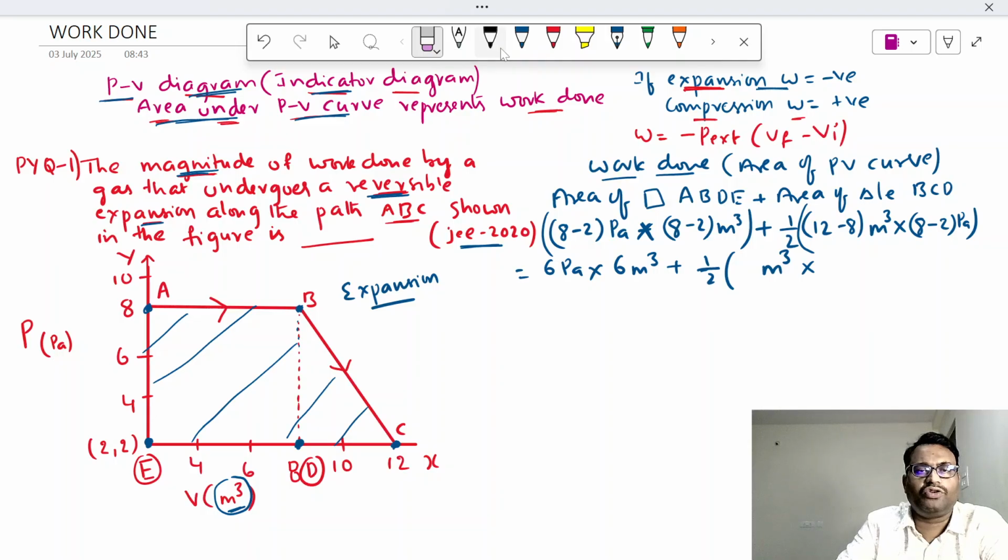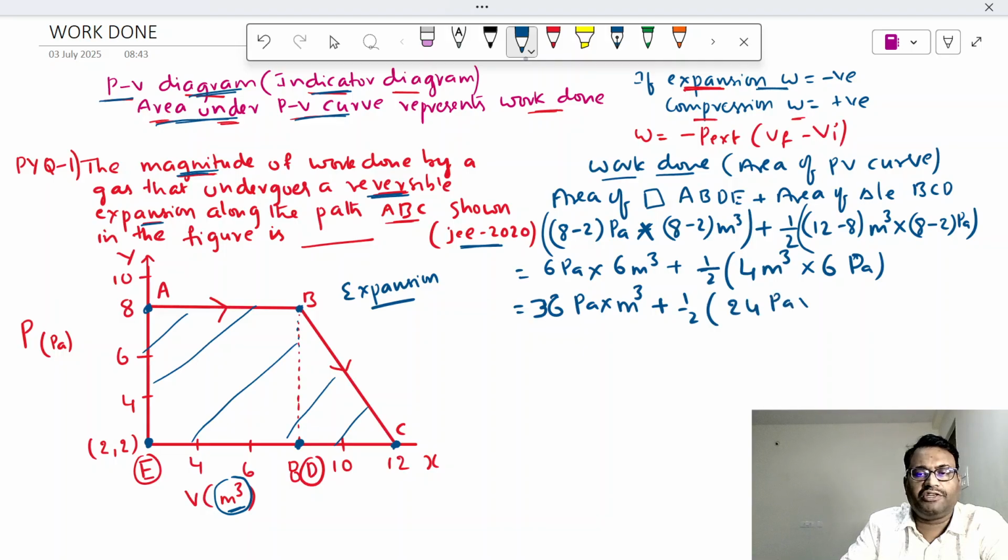It is 4. 8 minus 2 is 6 Pascal, right? 6 into 6 is 36 Pascal into meter cube, plus half into 6 fours, 24 Pascal into meter cube, so 12. 36 plus 12 is equal to 48 Pascal into meter cube, right?